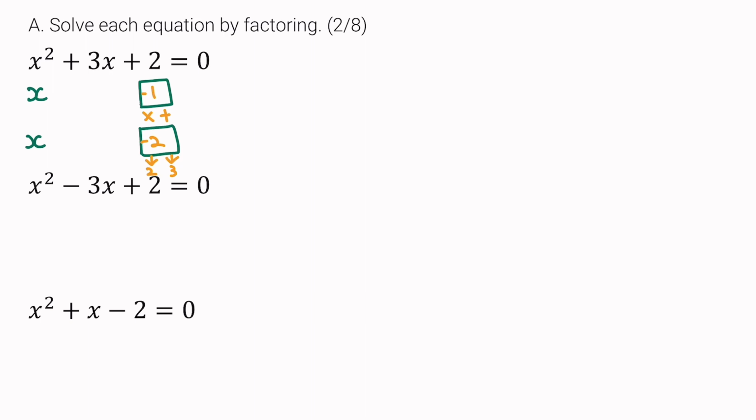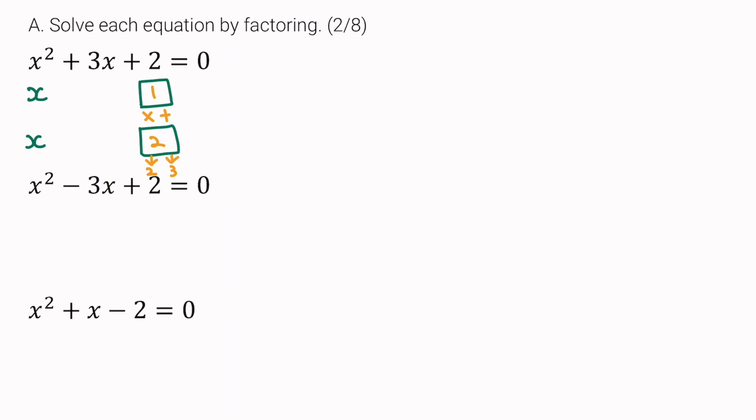But -1 plus -2 gives me -3, which means those are not it. So it's going to be +1 and +2 within the boxes, so that when multiplied together, it does give me +2, and when added together, it does give me 3.